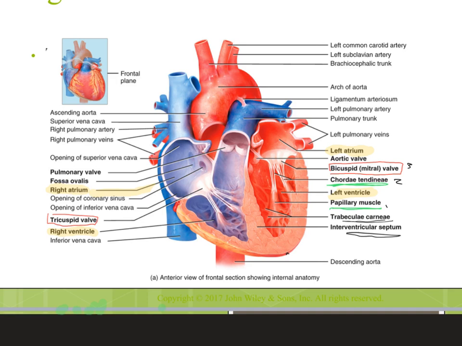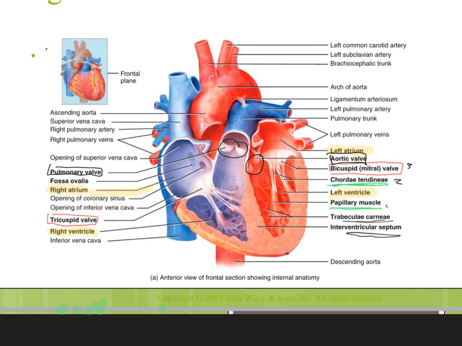They are pressure-driven valves. We have 2. The first being right here, since it goes to the pulmonary trunk, it's called the pulmonary semilunar valve. And we have our next one, which is our aortic semilunar valve. And again, these valves are leading to the lungs, pulmonary, and the aorta, aortic valve.